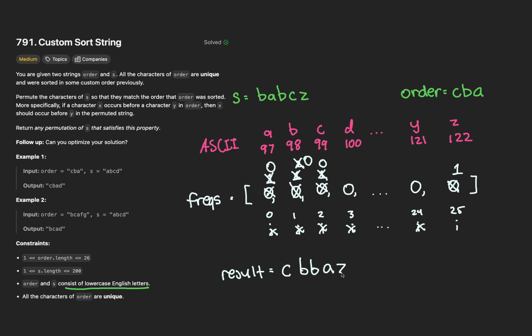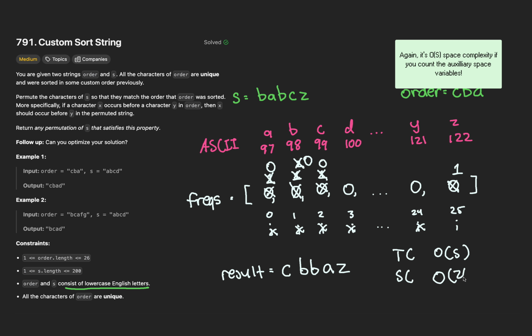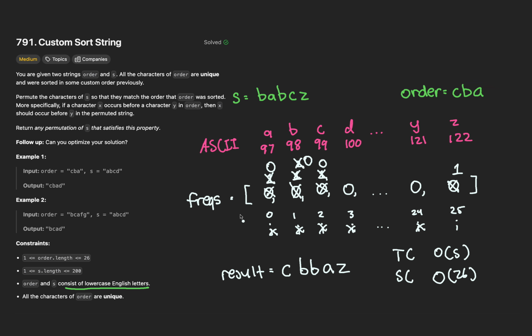Fantastic, we can add the z like so. This is our ultimate result, and that's what we'll return. The time complexity is big O of S, and the space complexity is big O of 26 because our vector is fixed. It can only have the allocated 26 elements, which really is just constant space.